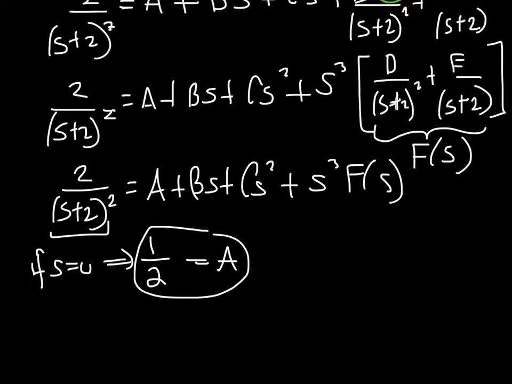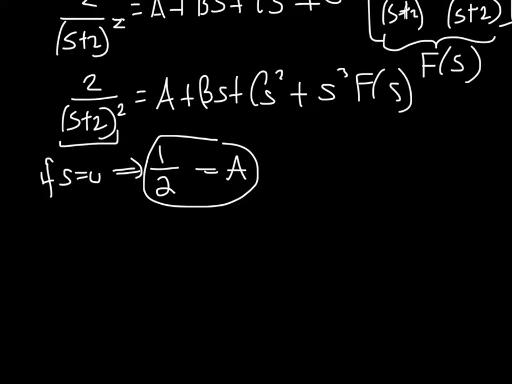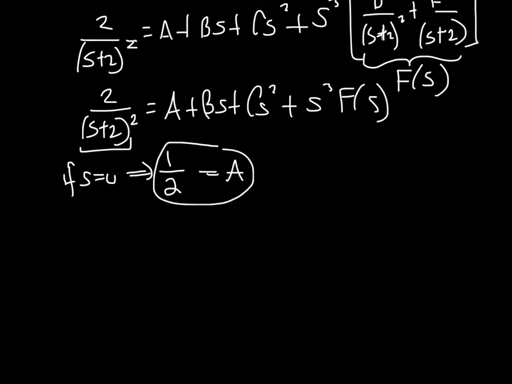Okay, let's go ahead and find b. One of the strategies is we can definitely use differentiation to help us solve this problem. So I'm going to differentiate this equation, each side.